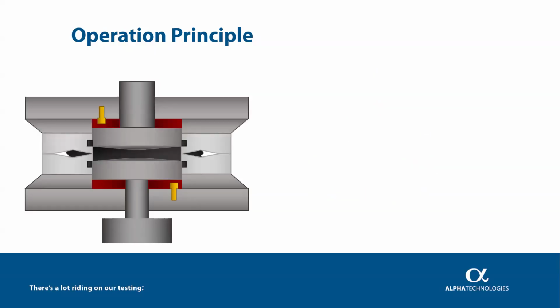After the platens close, the test begins by applying a sinusoidal deformation, which we call strain. You can think of it like gently pushing and pulling a spring back and forth. In response, the material resists this motion, generating a measurable reaction called torque, similar to the spring pushing back against you.